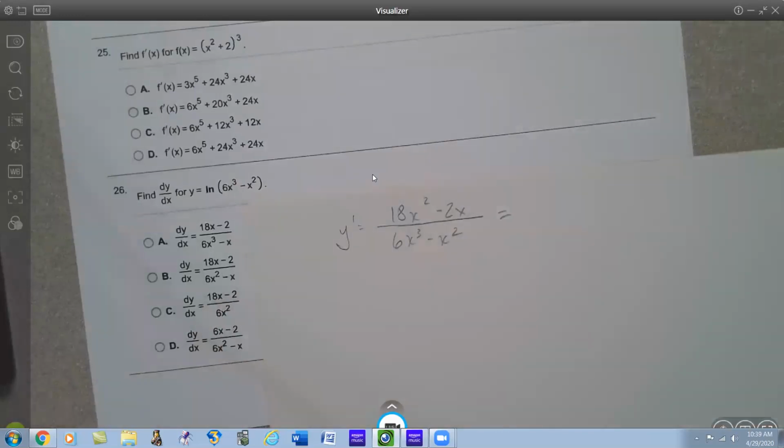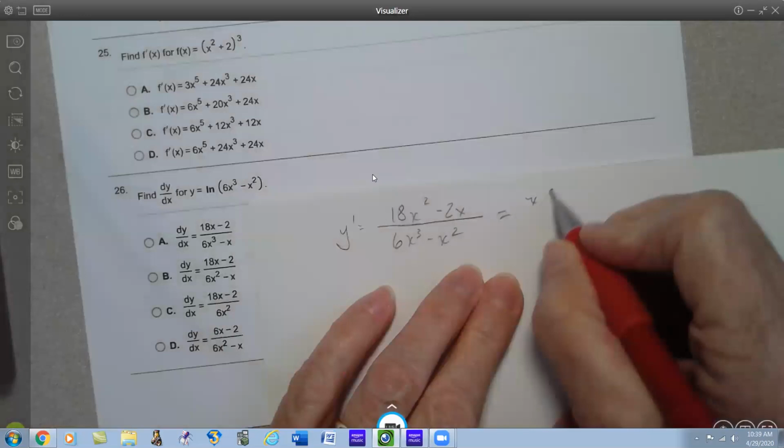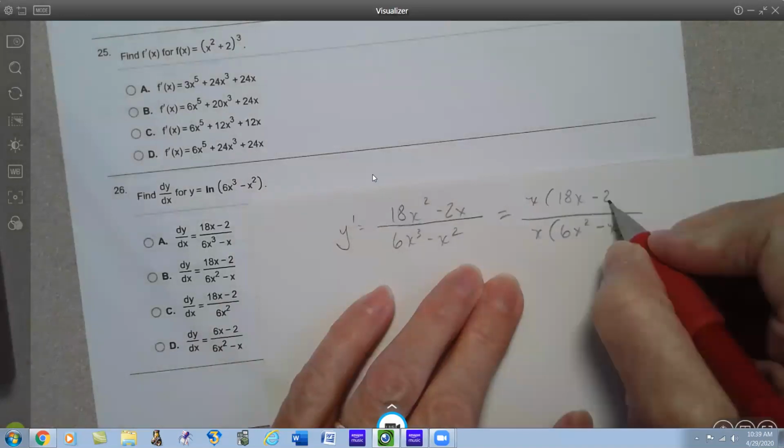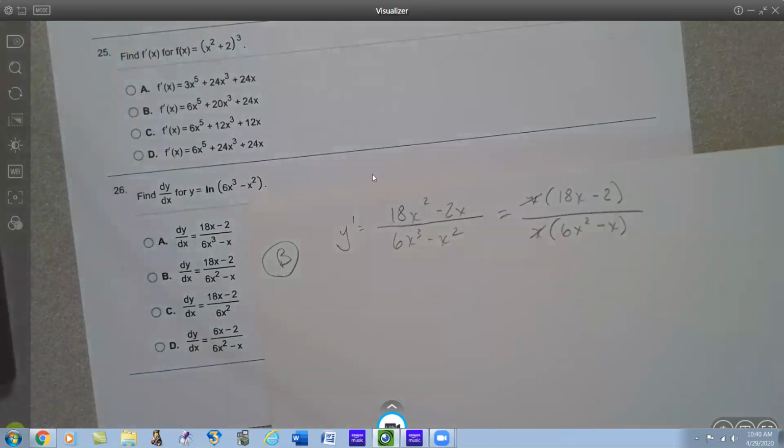So if I factor out an x in the numerator and the denominator, doing some comparing, I would go with B. All right, let's see what else is on here.